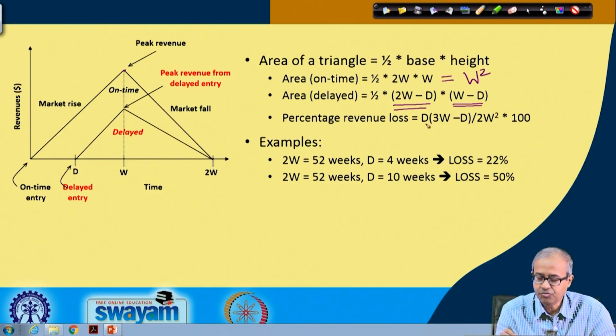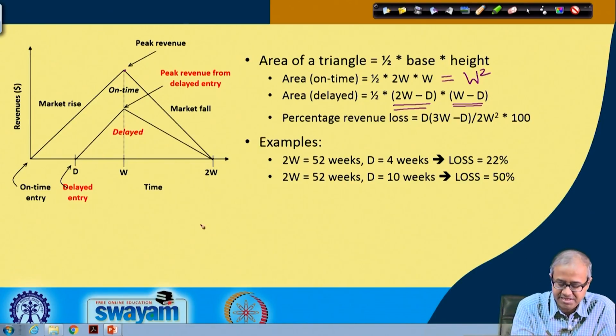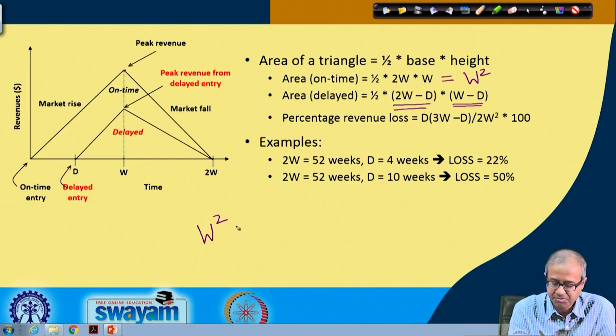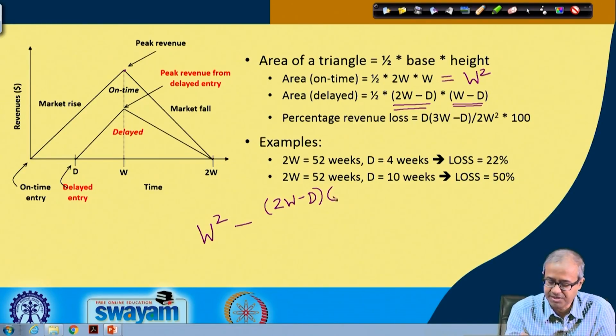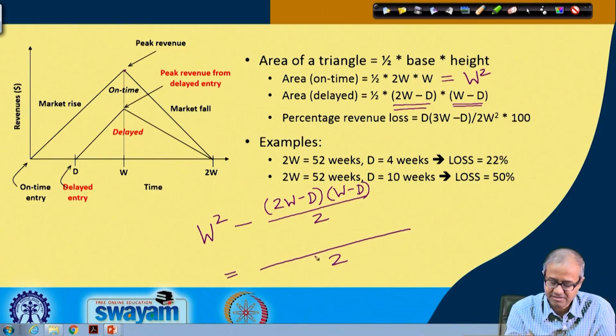Now, if you want to estimate what is the revenue loss because of this, you see initially it was W square, right, but in the modified version it becomes 2W minus D multiplied by W minus D divided by 2.